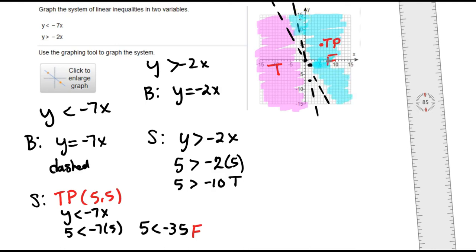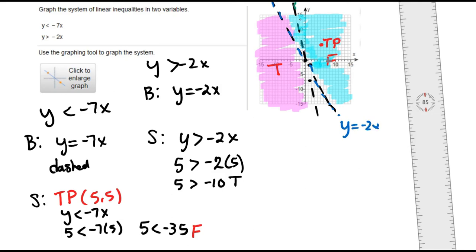And it's a little bit confusing because these lines are so close to each other. But this line that I'm drawing in blue is the y equals negative 2x.